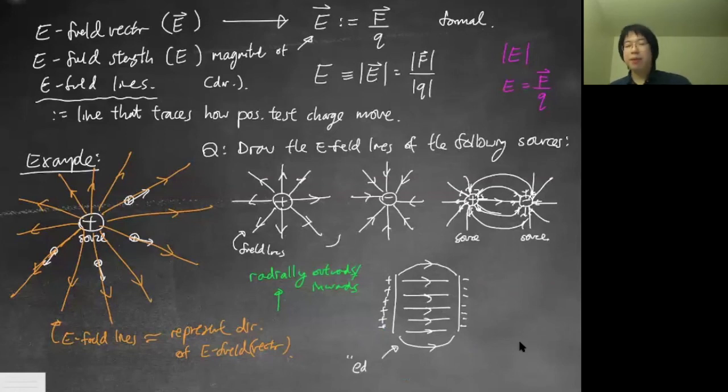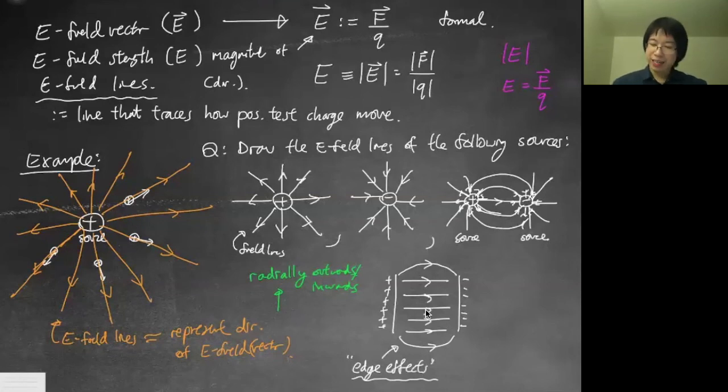And when we're talking about parallel plates, a lot of times we don't care about them too much. We're more interested in the very uniform part in the middle. And if you make the plates very, very large, you can't really see the edge effects if you're a small ant living in the middle over here.